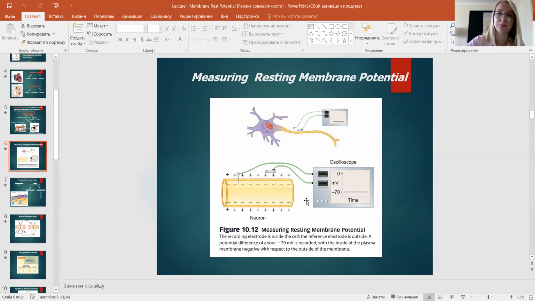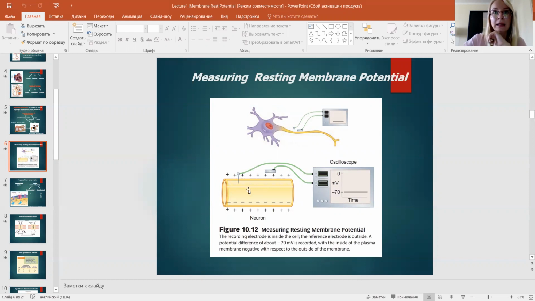So if you take a device called an oscilloscope, and you put one electrode at the outside of the cell membrane and one on the inside of the cell, the oscilloscope will show you the potential difference between them of about -70 millivolts.